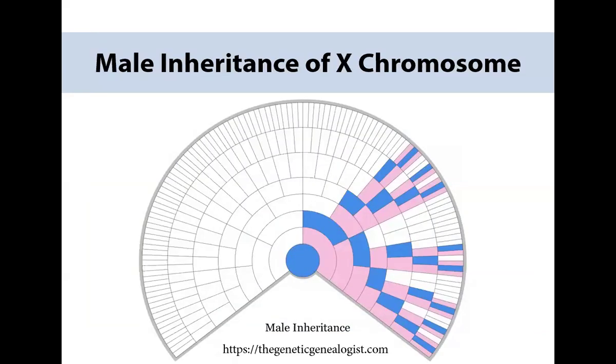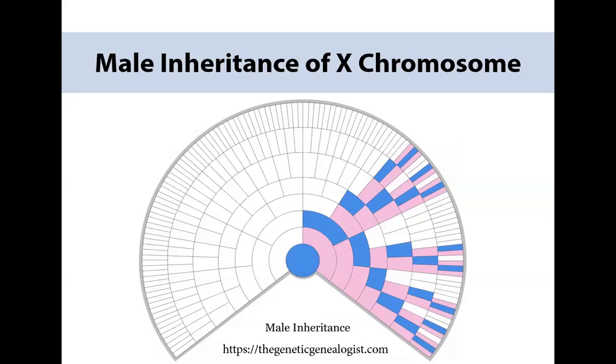When we think about X chromosome inheritance and how this affects genealogy, this is what the male inheritance of the X chromosome looks like. In the center is a male, and the X chromosome is inherited in this case from his mother, which is in pink right above it.